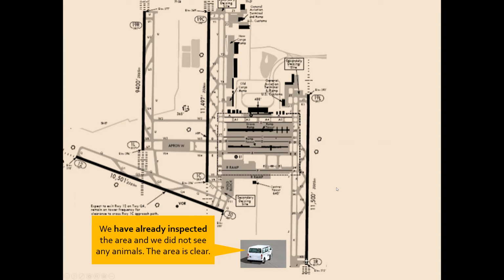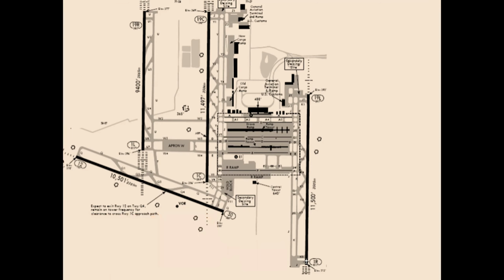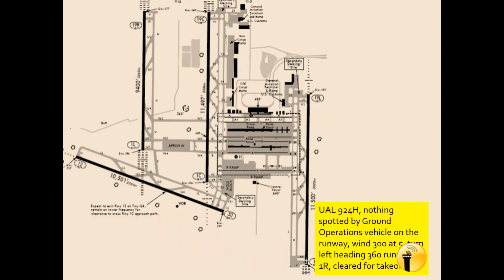Why be less clear? We have already inspected it. That would be sort of more a response if the tower said, go and inspect it, and he said, we've already inspected it, you know, we were done already. We saw nothing. So not quite as clear.